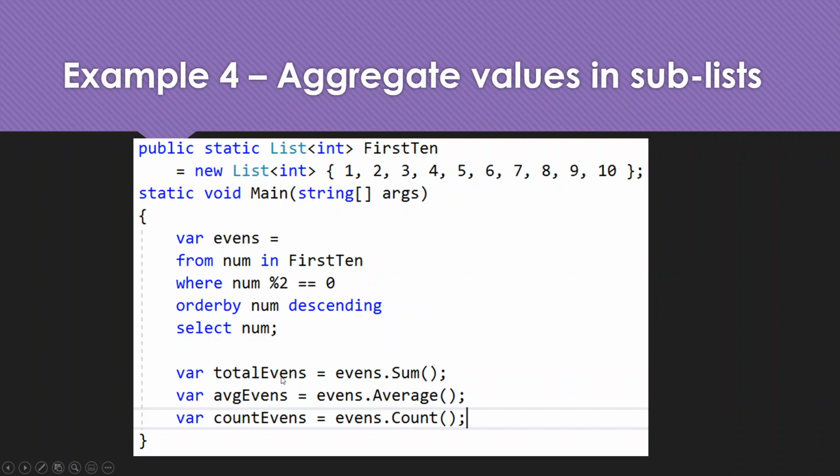If you wanted to get the total sum of evens, you would just get the evens using LINQ, and then you would use the sum method on the list, or the IEnumerable. You do the same thing for average, you do the same thing for count. So these things end up being very, very useful if you're trying to calculate something like subtotals or whatever. Many of you have already found these and used them.